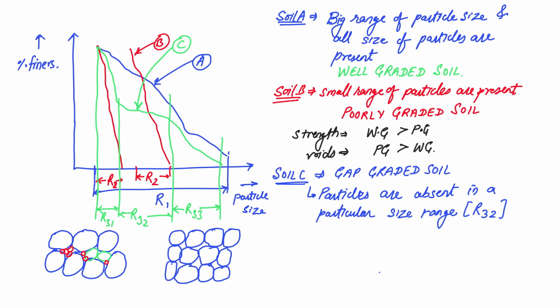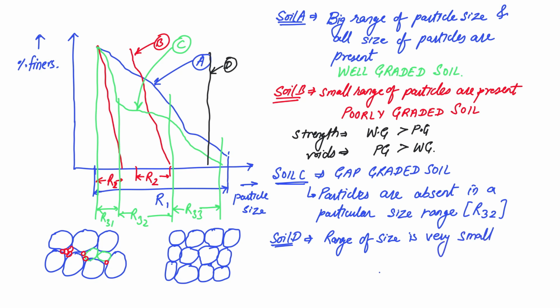Now let us understand one more graph. Let us suppose the graph is almost vertical, like this. So this is the fourth type of soil. What I can see about this is that all the particles are of almost the same size. Yes, because the range is very small, so for such soil D the range of size is very small, and all particles are of almost equal size.